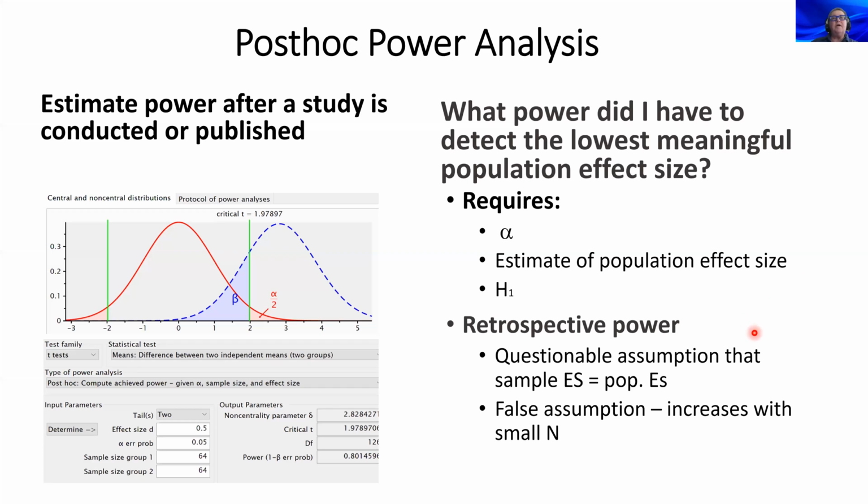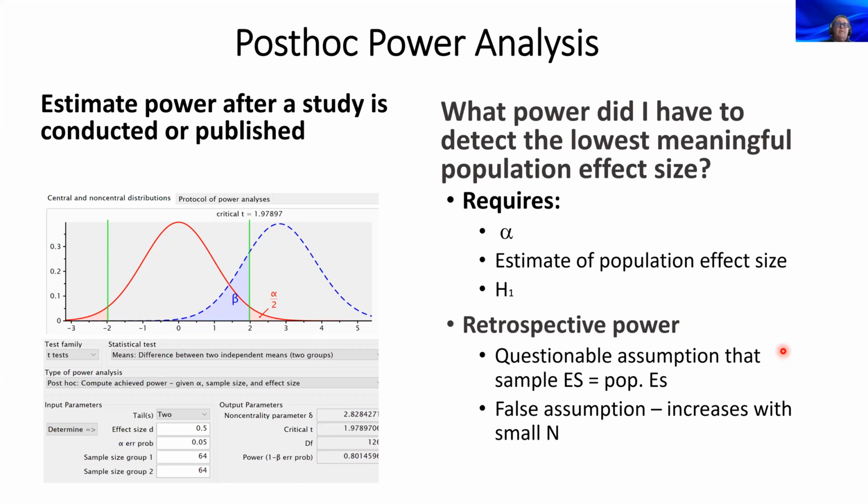I mention this point because if a reviewer asks, well, what was the power of the study? You really want to estimate the lowest meaningful effect and calculate what the power was for the lowest meaningful effect in terms of a post hoc power analysis.